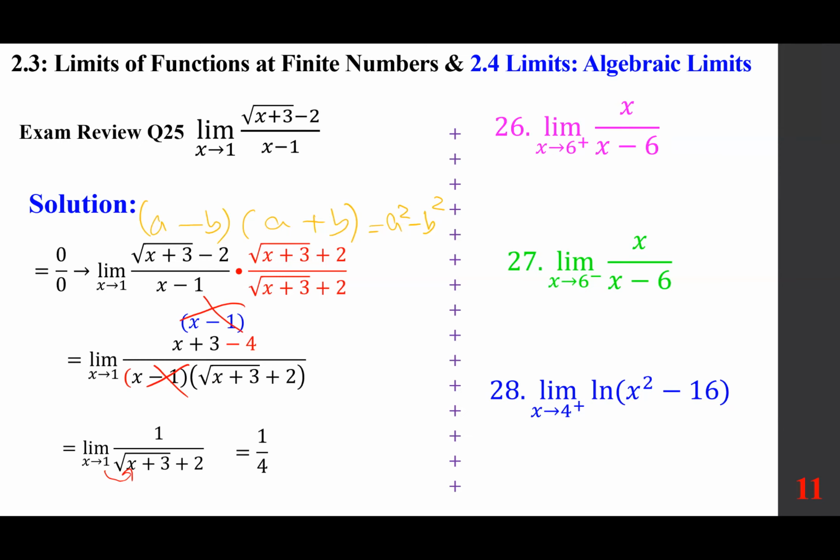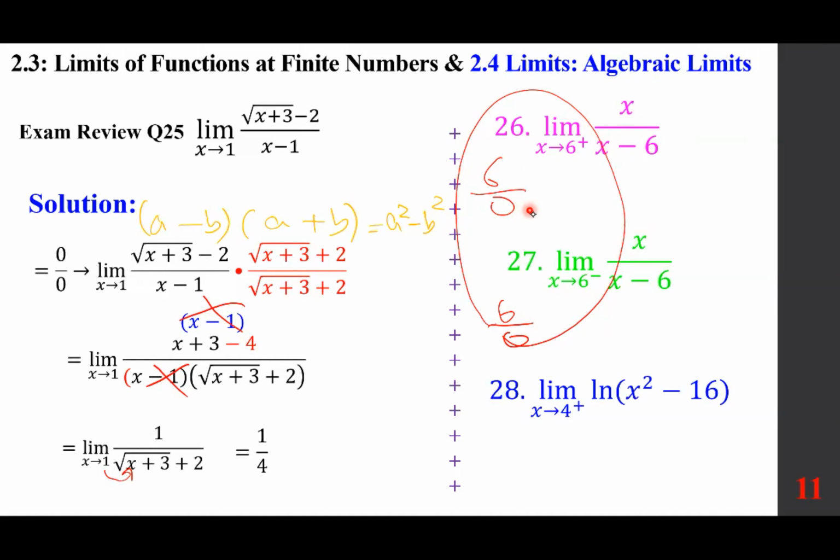I want to look at 26 and 27 together, and I want you to notice in both cases the numerator is 6, the denominator is 0. Now, whether we come from the left or right, the numerator in this case is like 6.1, in this case like 5.9, makes no difference.